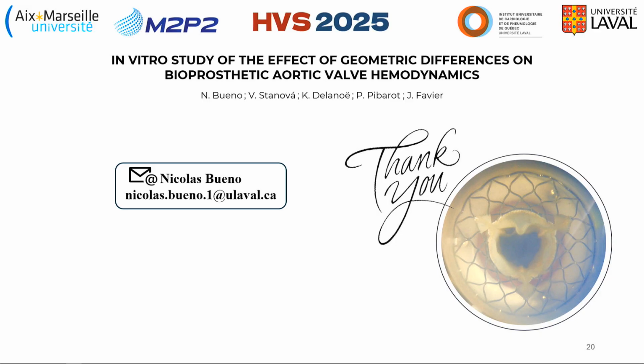Because we wanted to test a variation of parameters in the geometry, and it's not available on the market, all the different kinds of geometries we wanted to recreate. So we need to fabricate our own valve to have all the geometry we wanted. This allows us to cover a large field of different geometries.